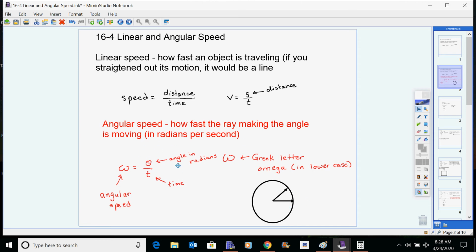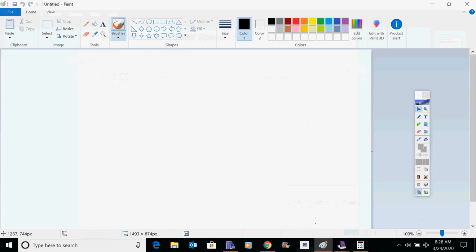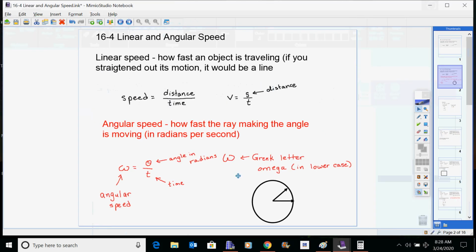I'm thinking about it in terms of radians, and as the thing goes around and we're getting different angles, that angle or whatever it is that's spinning, we have our angular speed, with the Greek letter omega. You think of usually the uppercase omega, but if you draw it like that, you get a lowercase omega.